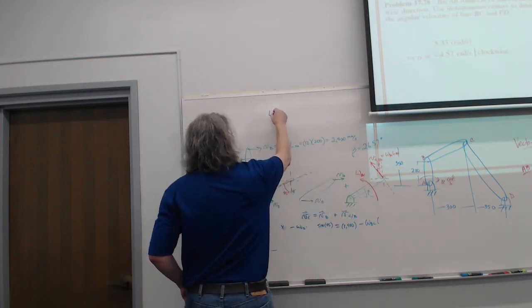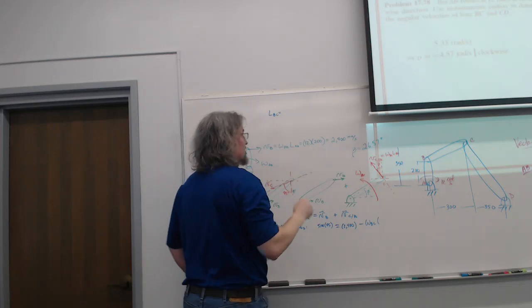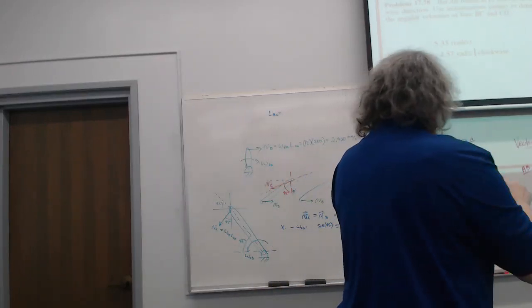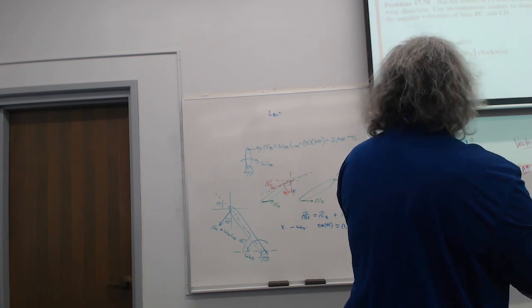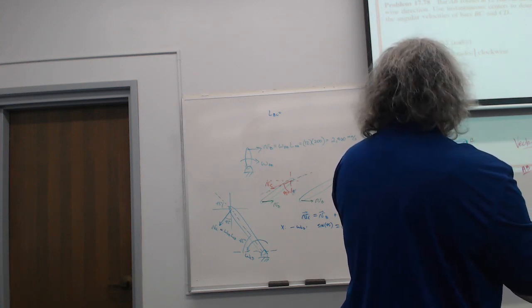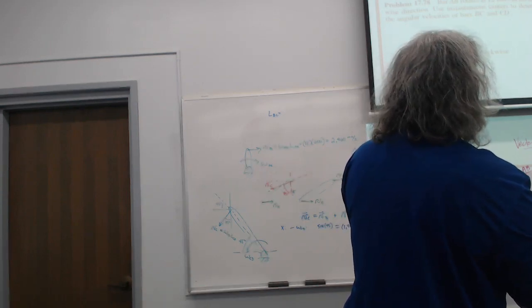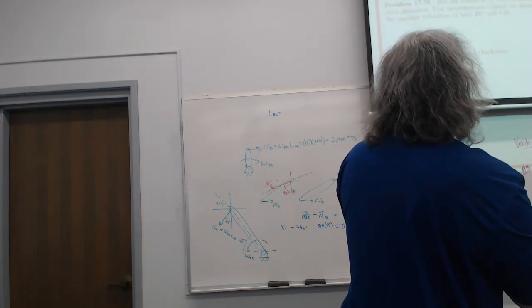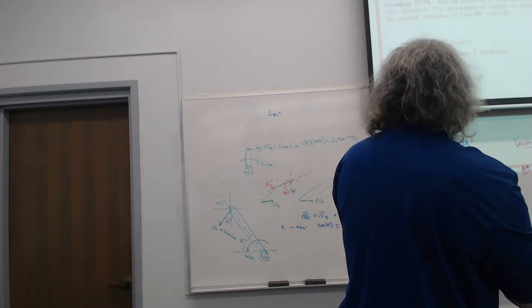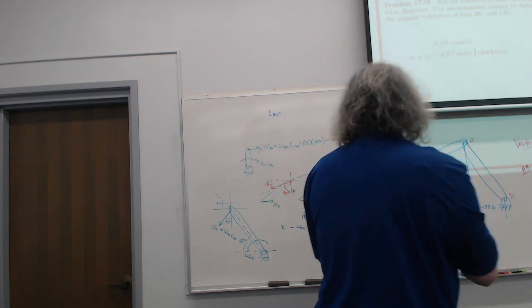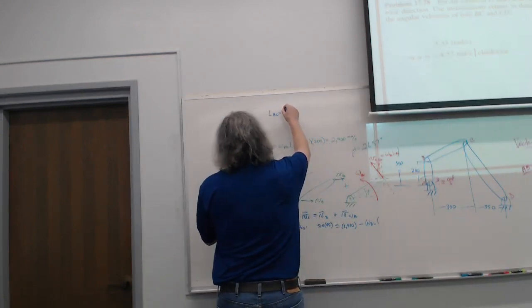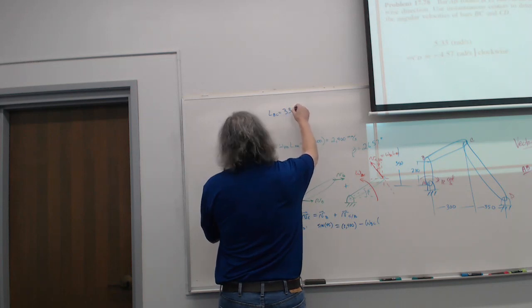So LBC, I'll just say it's the square root of 150 squared and 300 squared. I think I did that right. Now I'm not sure. So sure. 335.4.